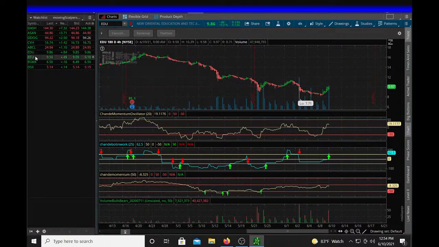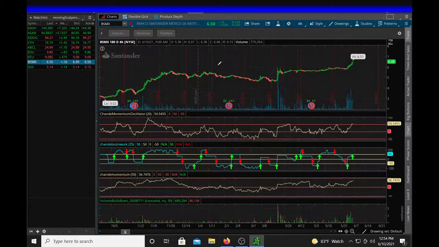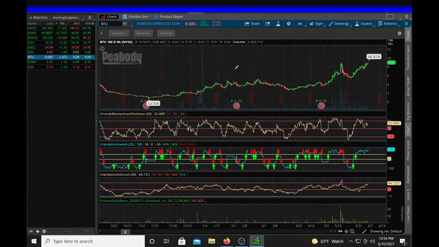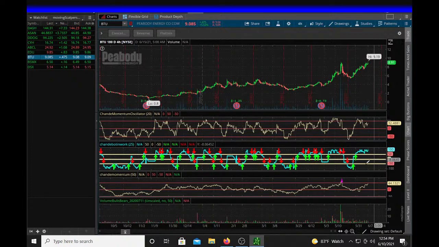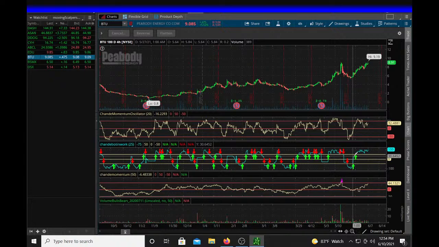Looks like EDU's on there also, and BTU. ABCL, I've got that written down already. Very good. Let's see, once they start breaking their high, they keep on going.